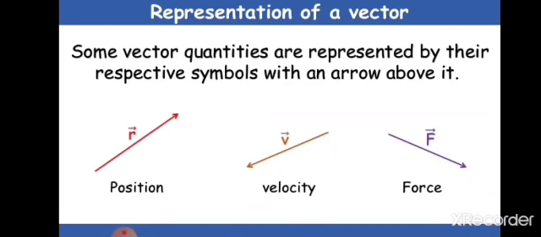For example, position is represented by the letter R, so it is a vector. Velocity is represented by the letter V, and force by F. So while writing in terms of vectors also, we can use the same letters to express those physical quantities. The vector R, vector V and vector F are the representations for position, velocity and force.